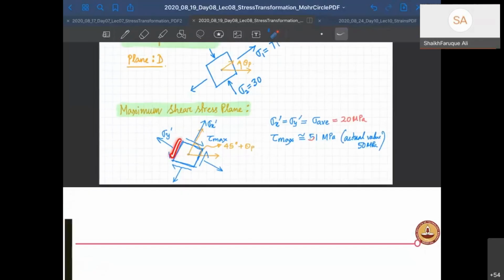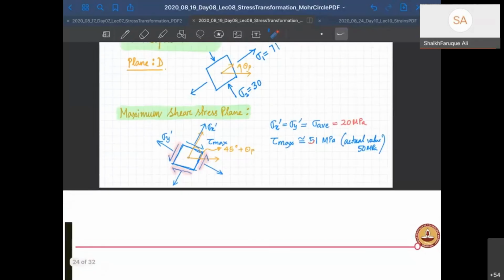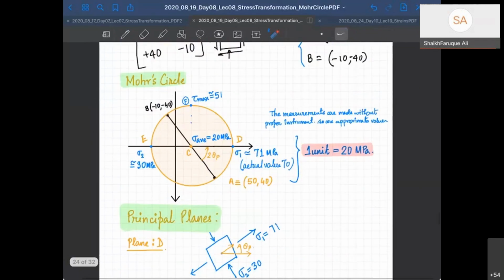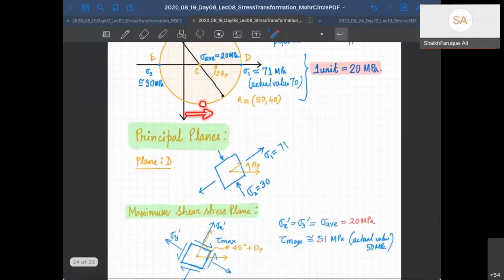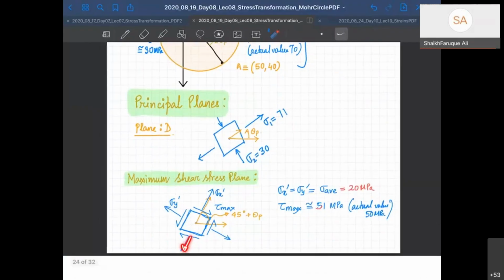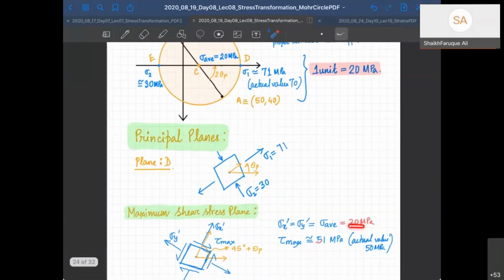And then you can draw the other ones, right? Sigma y, on the opposite side, you come here. That's also positive sigma, so it's going to be positive again here. So that's how you draw sigma y, positive here, and that value is also the same, 20.